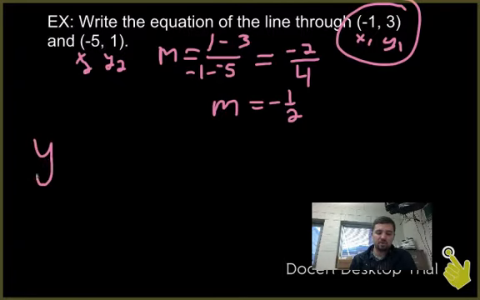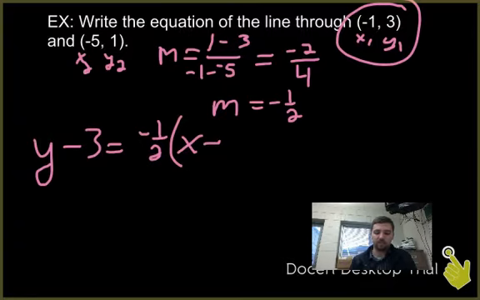So when I plug it into my point slope form, I'll have y minus 3 equals negative 1/2 times x minus a negative 1. So x minus a negative 1 is x plus 1. Okay. Now let's distribute, and so I'll have y minus 3 equals negative 1/2 x.